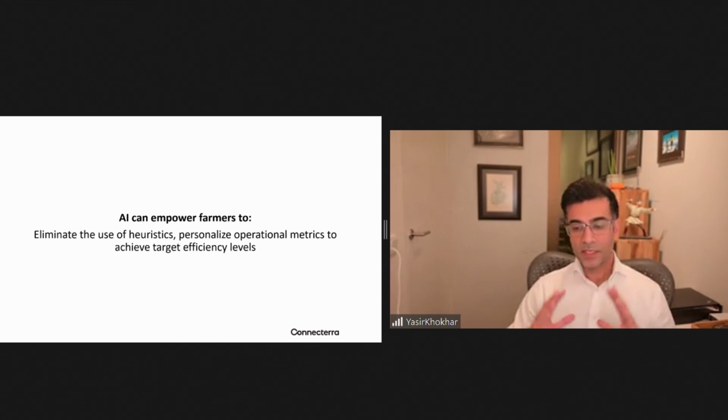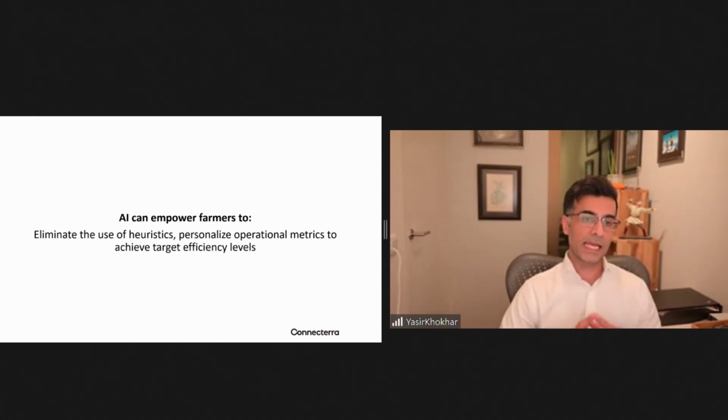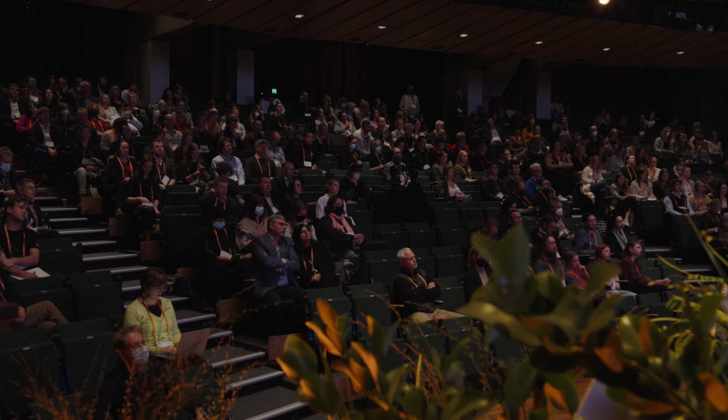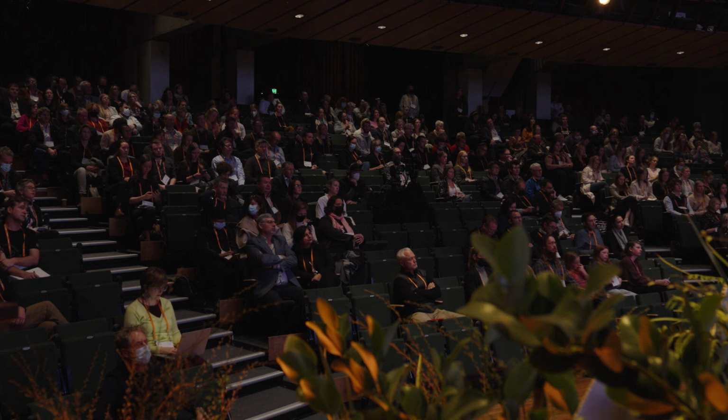For me, the bigger picture here is that AI can empower farmers to eliminate the use of heuristics. What we see in many of our customers in many regions is that there's an enormous amount of data on farms. There is a lot of data being generated.